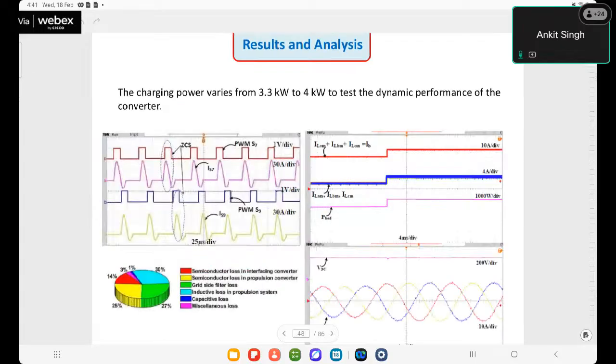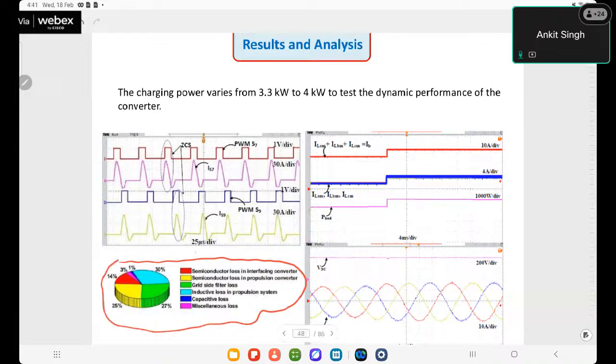Again here, the ZCS concept is implemented, and it is achieved well. Here the losses in the different parts of the system are shown, which is important.